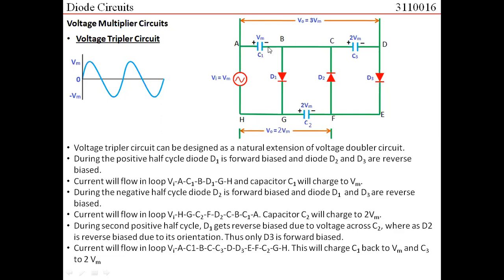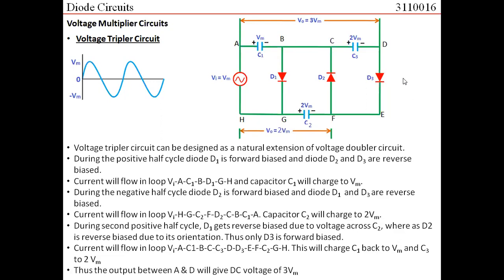C1 is discharged because in the negative half cycle, while charging C2, C1 is discharged. So now this total of 2 Vm plus Vm, that is 3 Vm, would be across A and D. So we can say that C3 gets charged to 2 Vm, C1 gets charged to Vm, and the total voltage between A and D would become equal to 3 Vm.